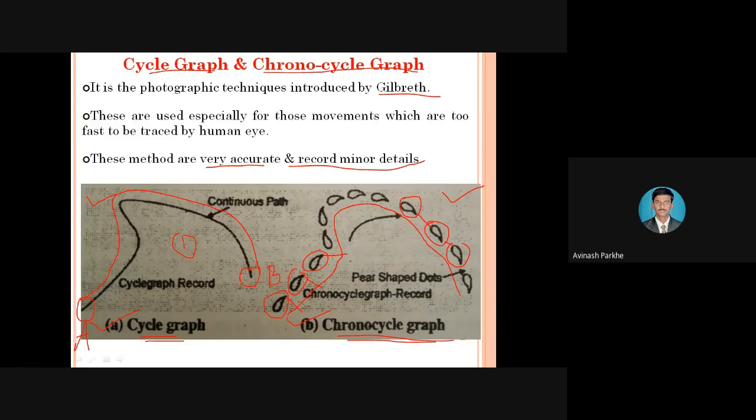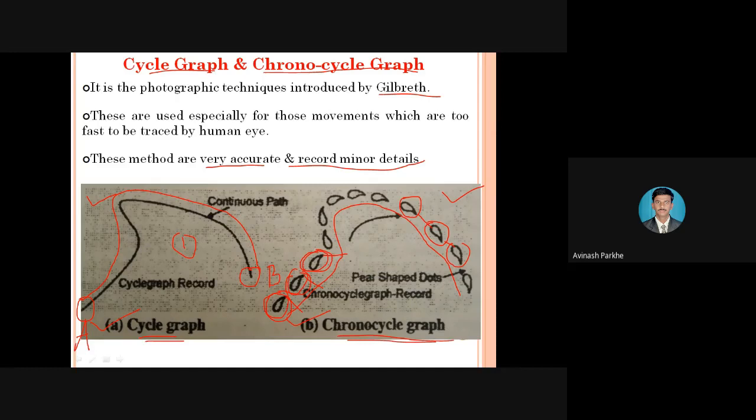So that maximum gap represents that the speed of the movement goes on decreasing. But for the dots present on the left side, some constant distance is maintained between all the dots. That constant distance represents that the speed of working is constant, or maybe sometimes the speed of the movement or of your hand also increases.